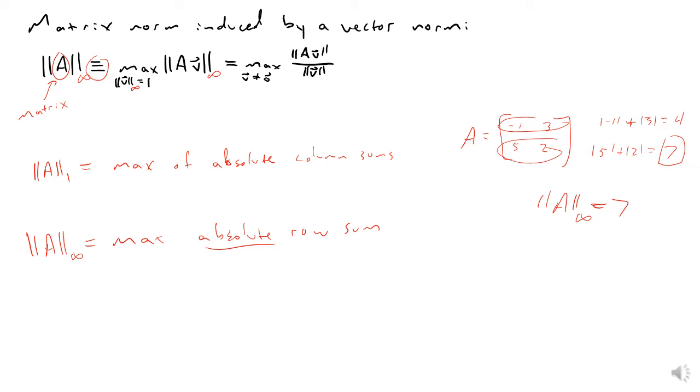All right, and then we have one more common norm that we use with vectors. That's the 2 norm. So again, the same idea. I can define my matrix norm in terms of 2 norms of vectors.